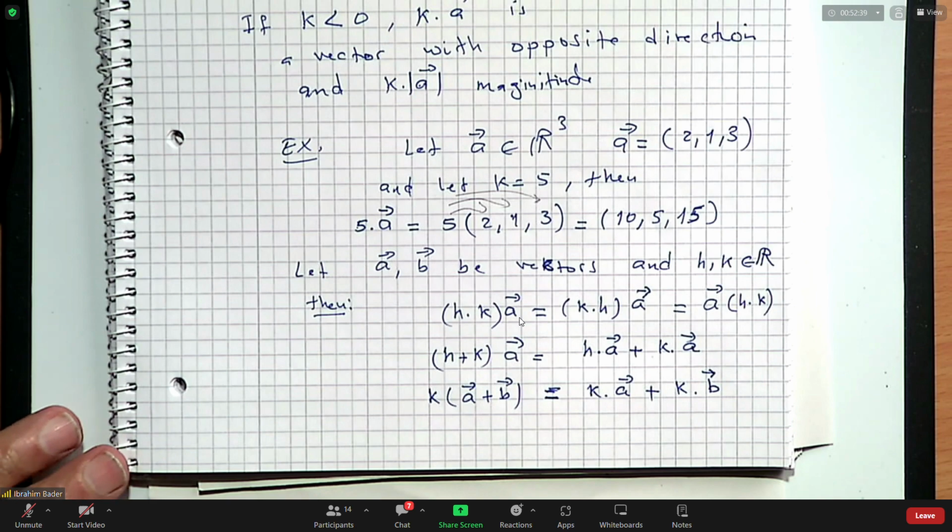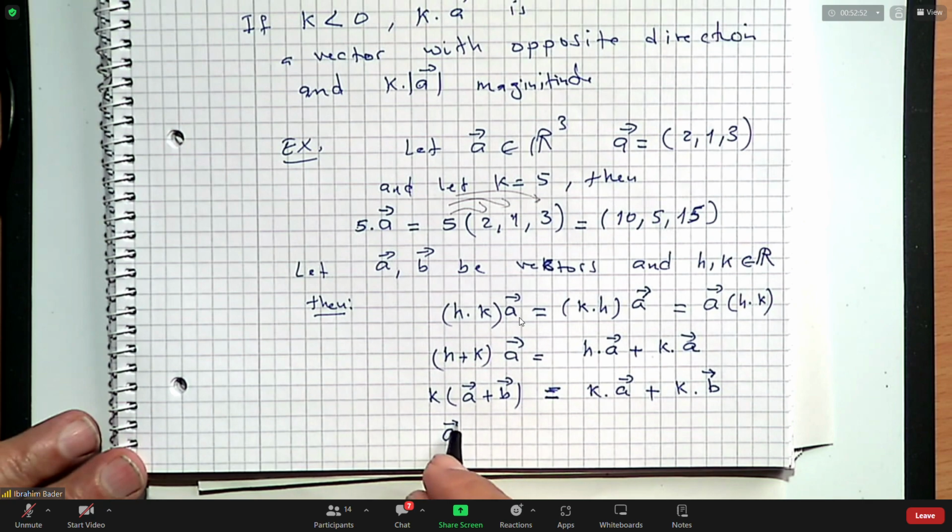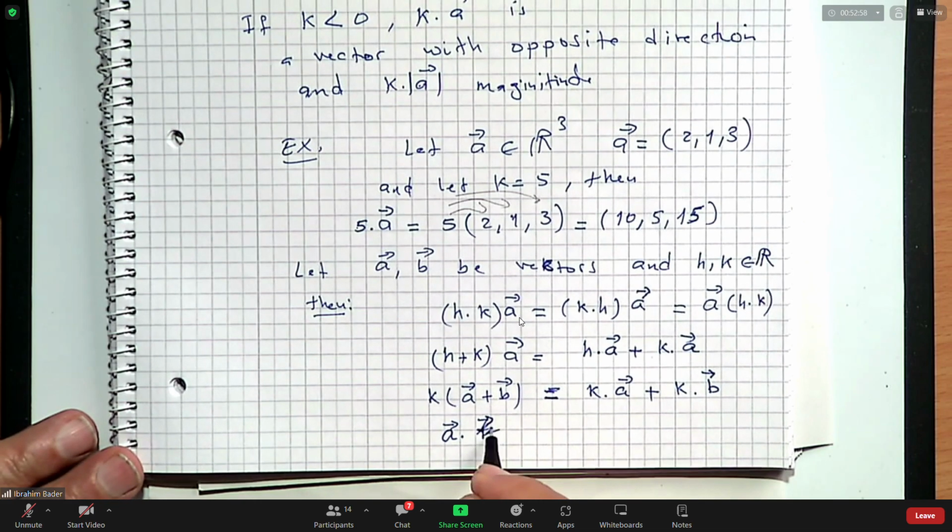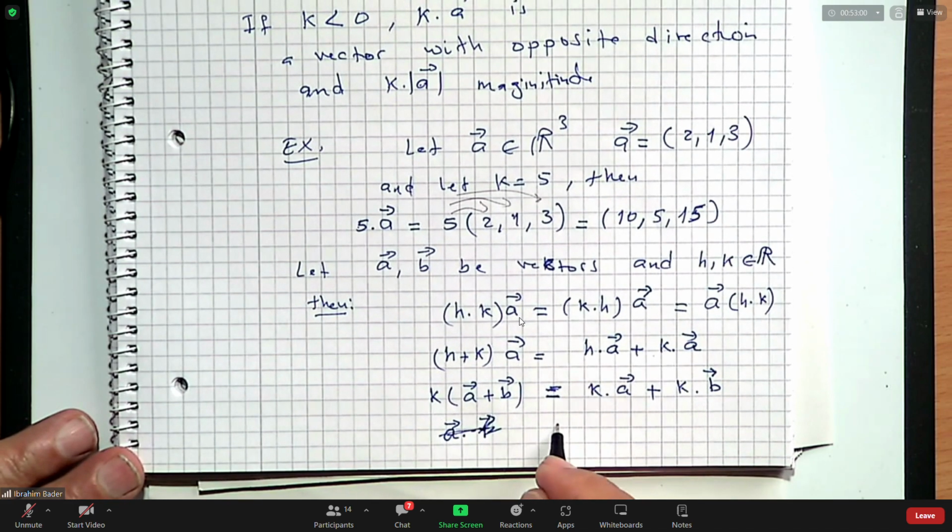And as we had a neutral element for addition, which is the zero vector, here we have a vector that we call the unit vector, which multiplied by any vector. Sorry, not this is 1. Let me just put it. This is not a vector, this is the number 1.